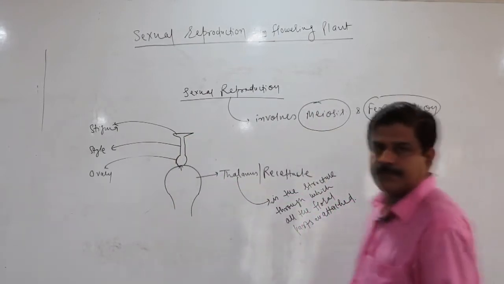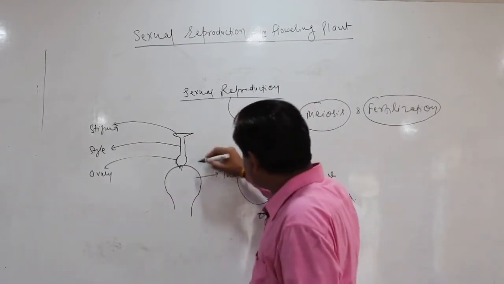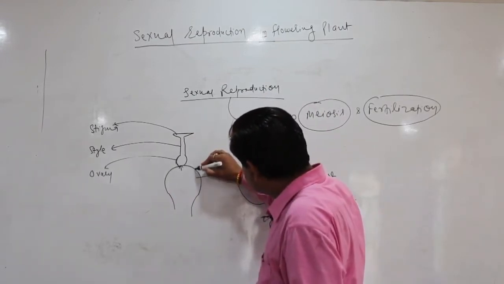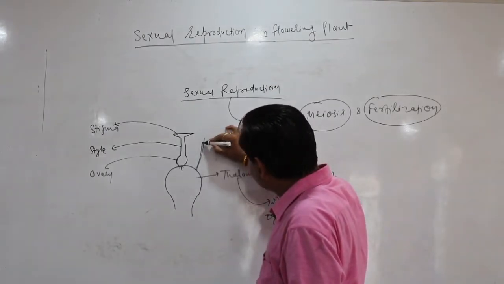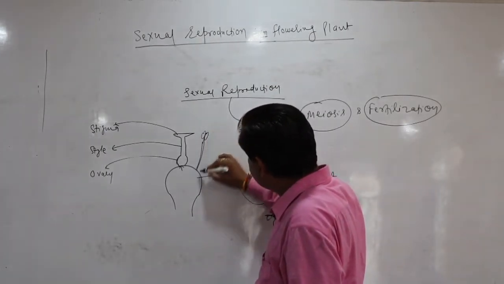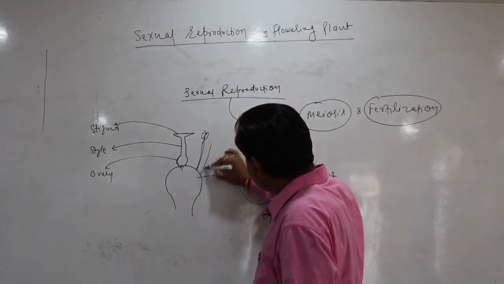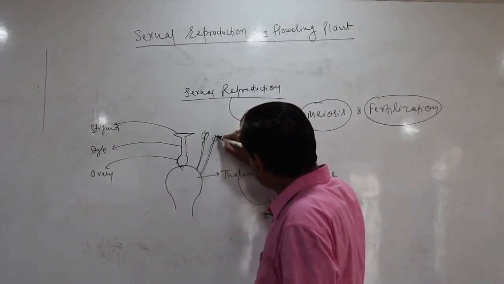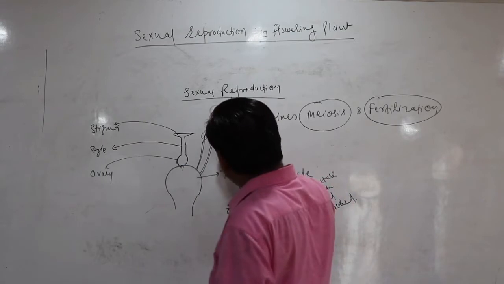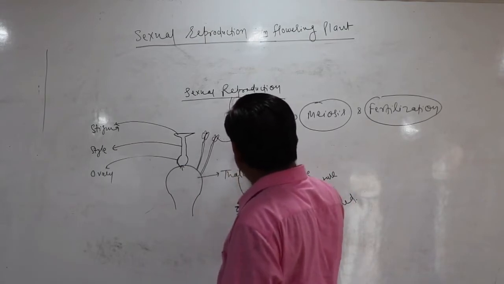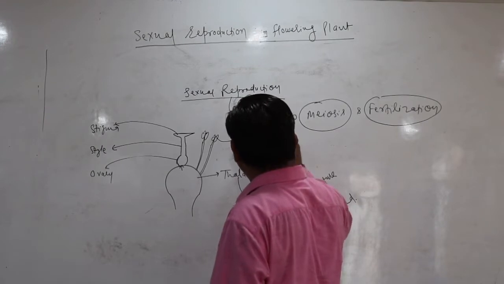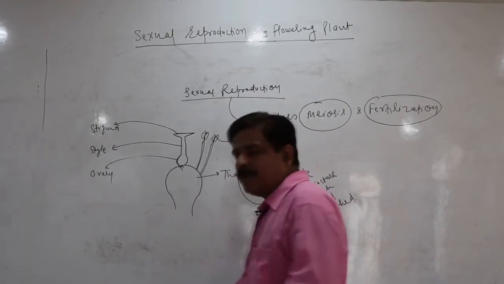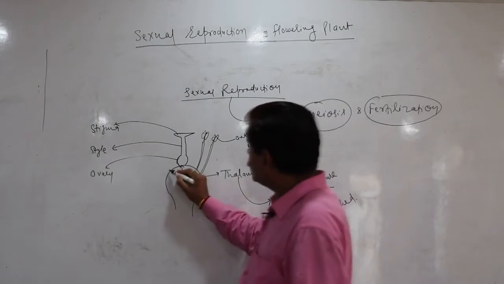The next we are drawing is the stamen. Our stamen consists of anther and filament. This is the male reproductive structure of the flower.